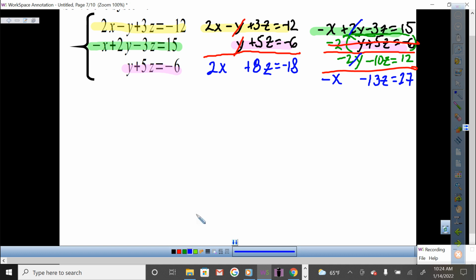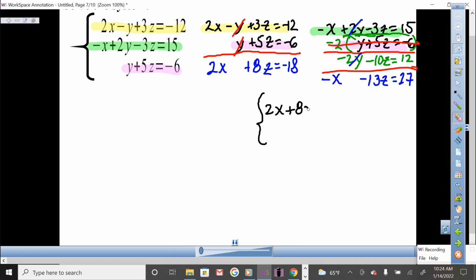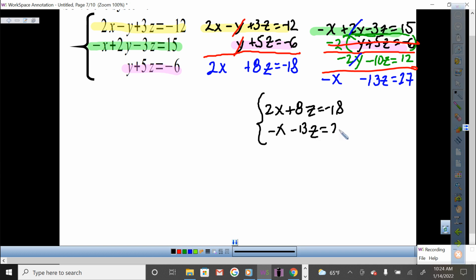All right. So now we have two smaller equations. We're going to make a system out of them. We got the first one, which is 2x plus 8z equals negative 18. And the second one is negative x minus 13z equals 27.